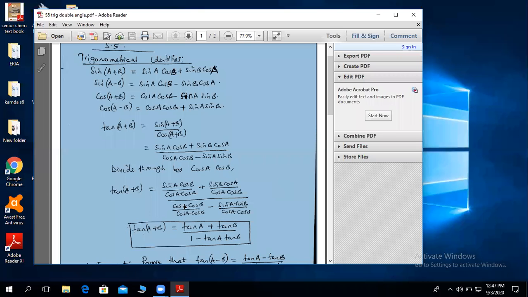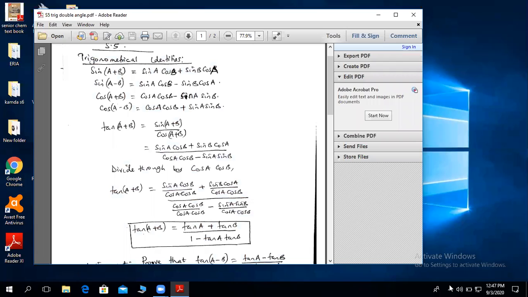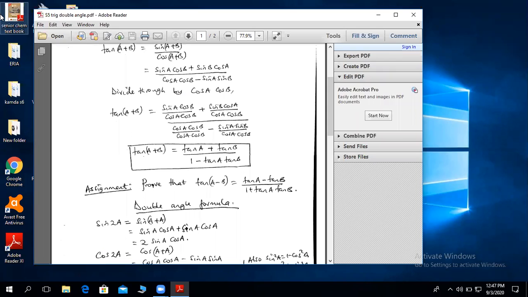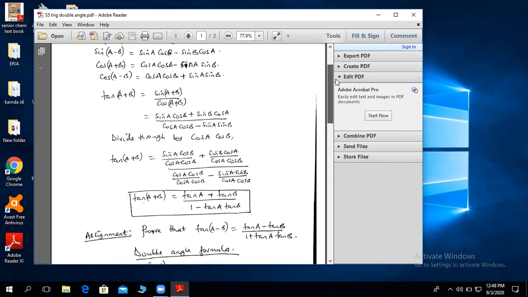Only that we can ask you to prove it. Like I have set for you a question here. From what you have been doing, prove that tan(A-B) is equal to (tan A - tan B) out of (1 + tan A tan B). So what will you have to do? This time you have to use tan(A-B) as sin(A-B) out of cos(A-B).